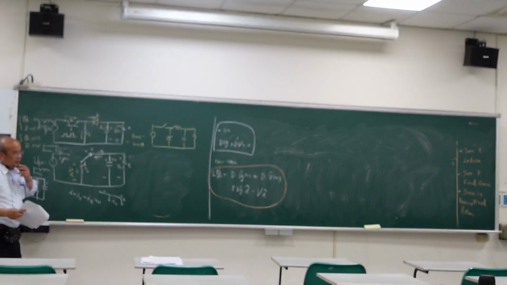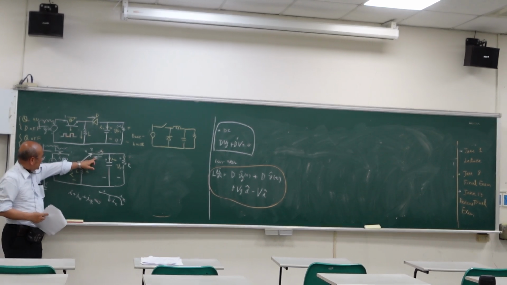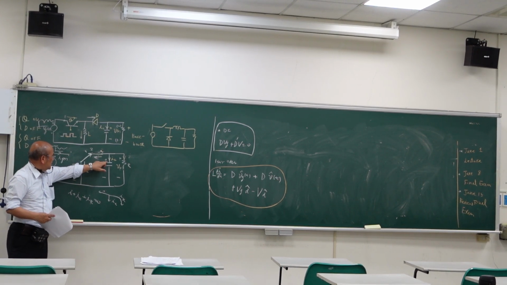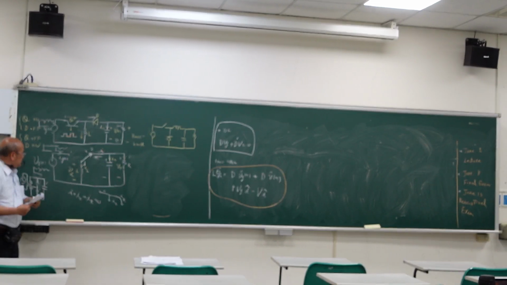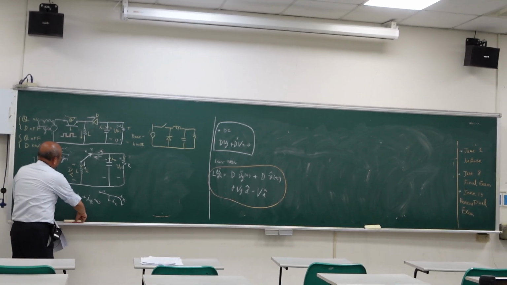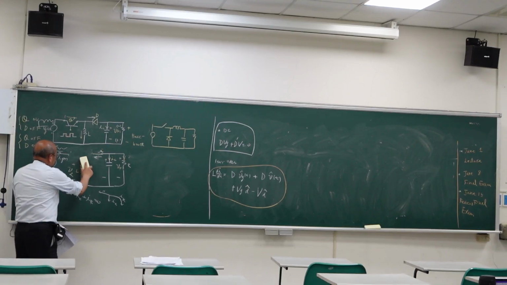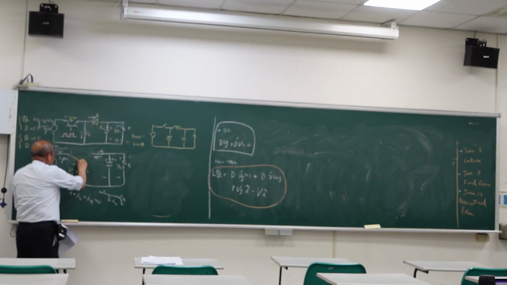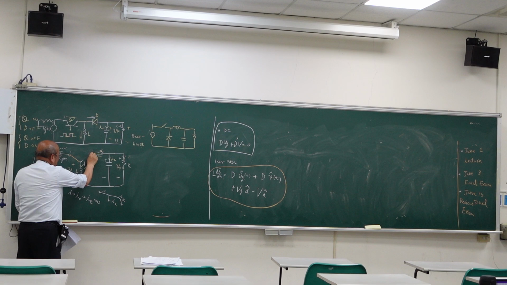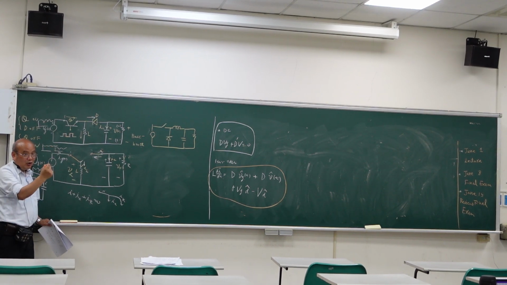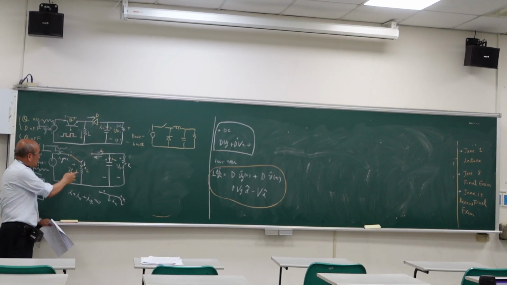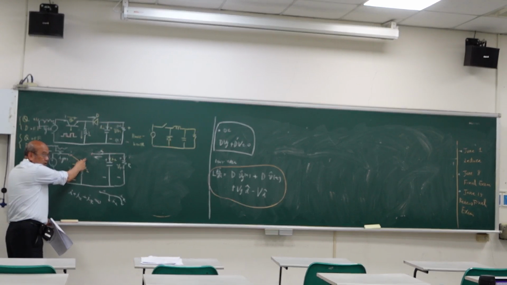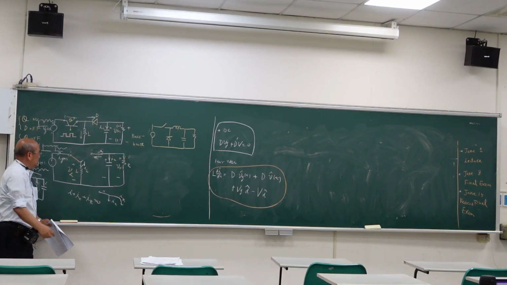So then we will focus on this IC current. If the switch changes to here, what is I? I is 0, right? Because this is open, then I is 0.